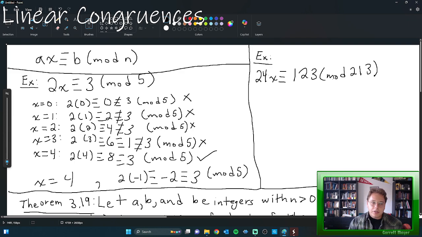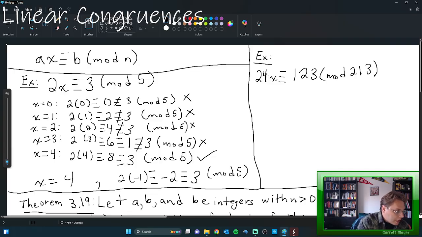How would we solve this? We're not going to go through all 213 congruence classes here, guessing and checking every single time. That's just not going to work. And it also isn't going to really necessarily give us all the answers. Well, actually, technically here, we're just trying to find one answer.